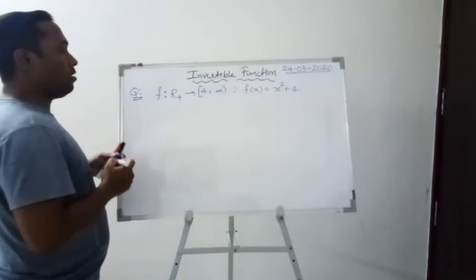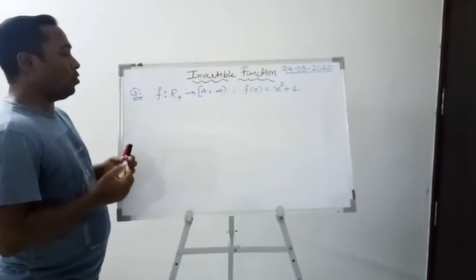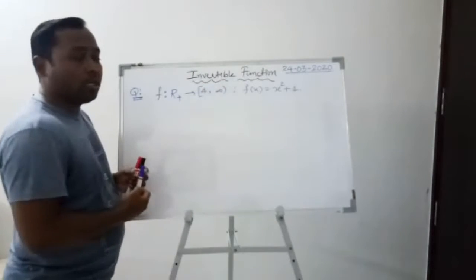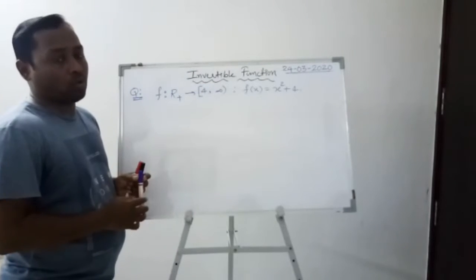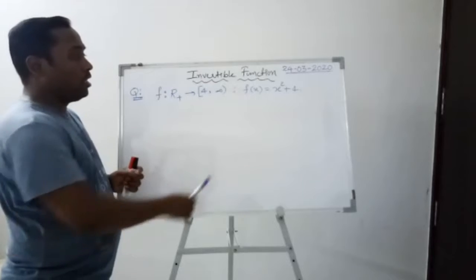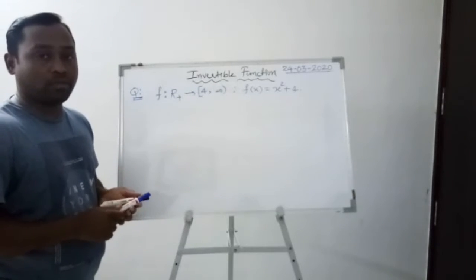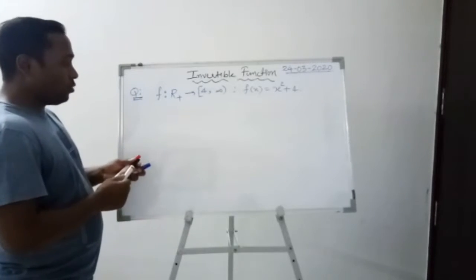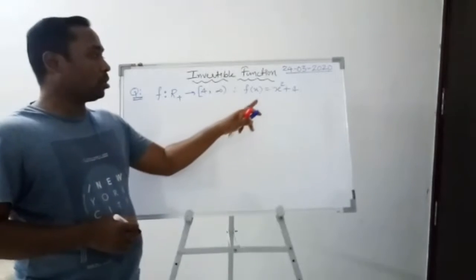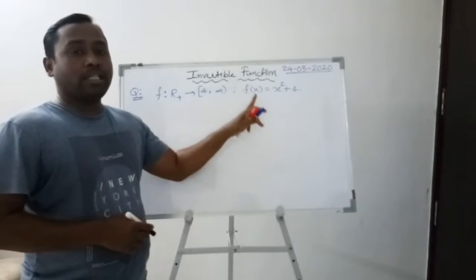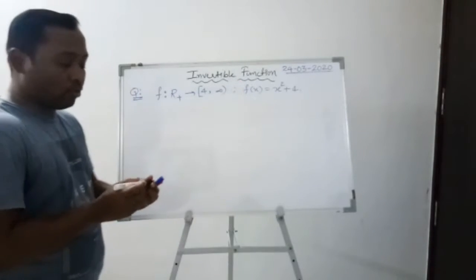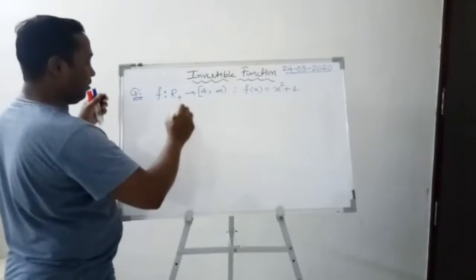Here we want to know whether the given function possesses its inverse or not. To find whether the function is invertible or not, first we'll find whether the given function is bijective or not. So we are using the bijective function method.